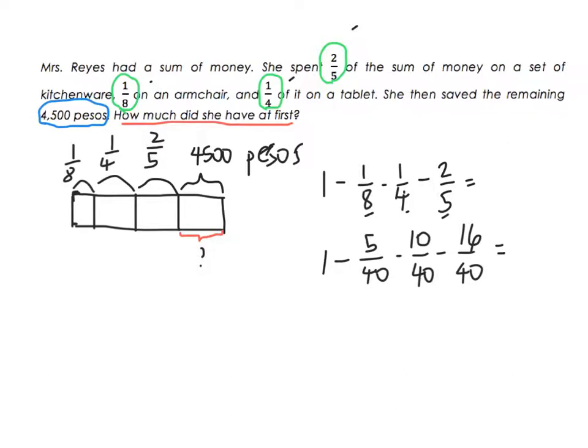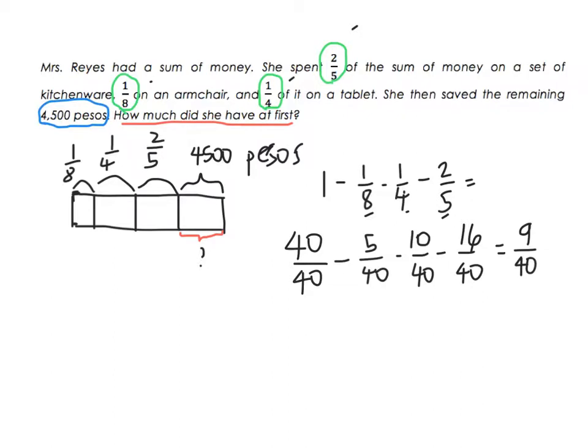Now we may have forgotten that one whole can also be renamed as 40 over 40. Now we can subtract. So if we take away 5, 10, and 16 from 40, we will have 9 over 40.